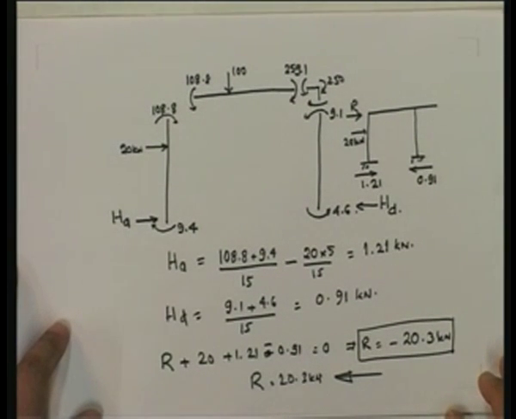Okay, so that is something that we have done. Remember I had said that if R was 0, then you would know that there is no sway. But here you have R in this direction, which essentially means that the structure is trying to move in this direction. So essentially, in the sway case, you have to consider the structure to be moving in this direction.